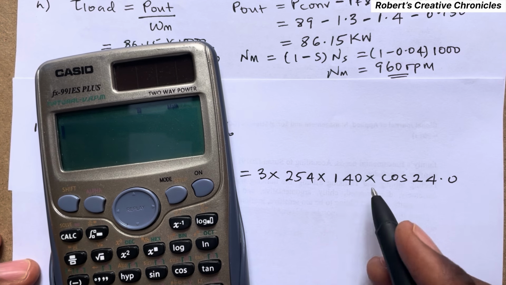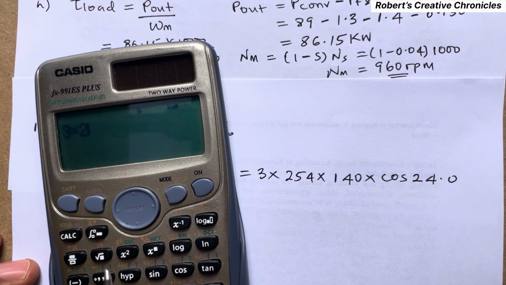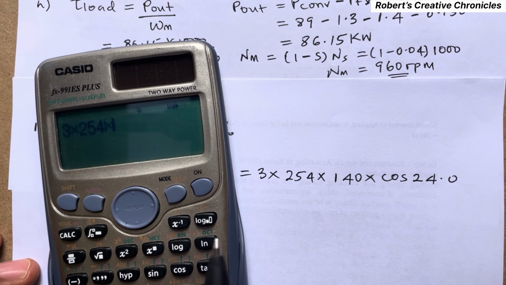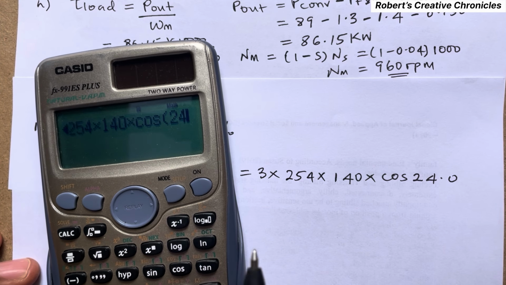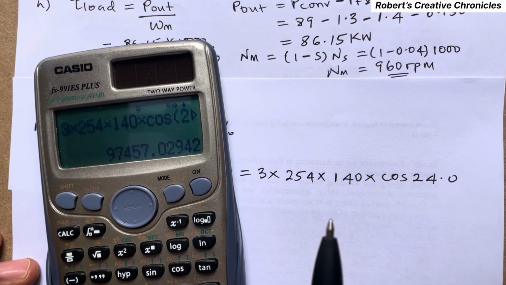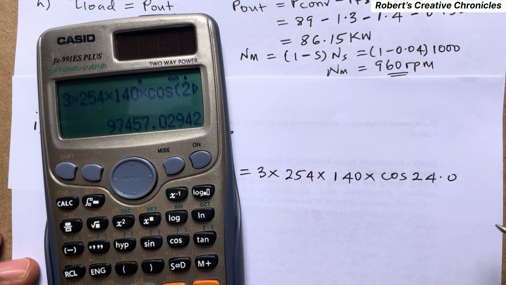So now we are going to put this in the calculator. 3 times 254 times 140 times cos 24. This is 97457.